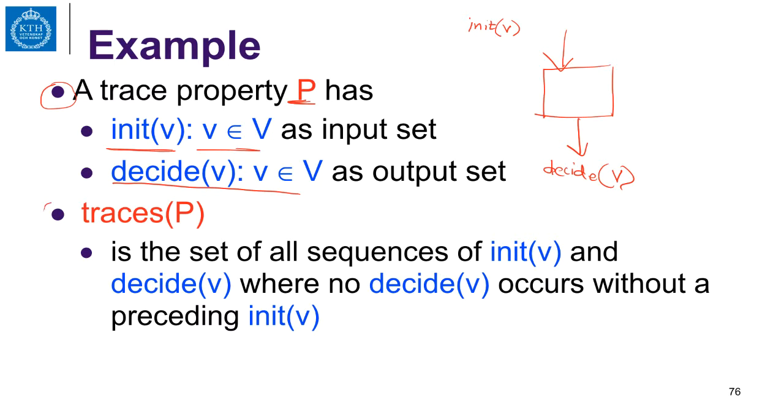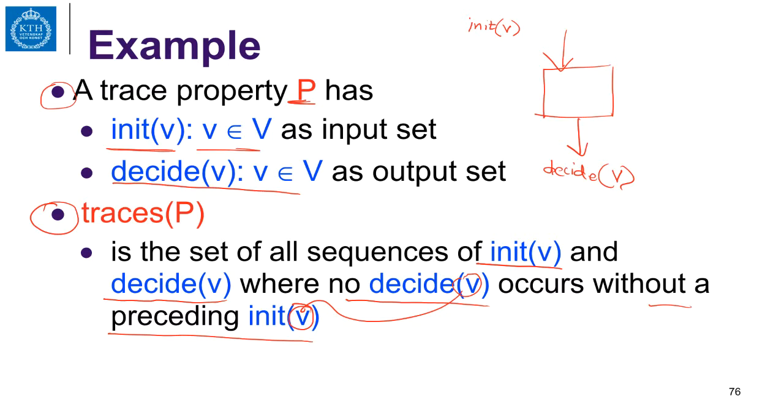So the following is a safety property. If we look to define the traces of P, it is a set of all sequences of init and decide, where no decide occurs without a preceding init for the same value v. So if we see a decide without a preceding init, it means a bad event happened.